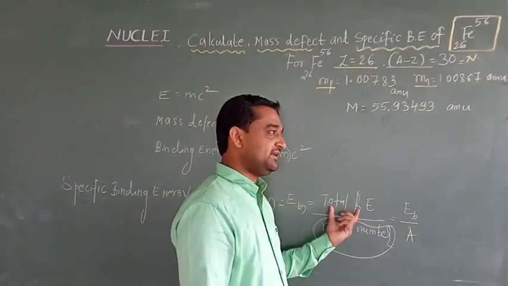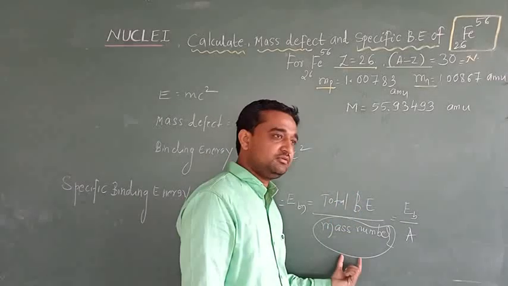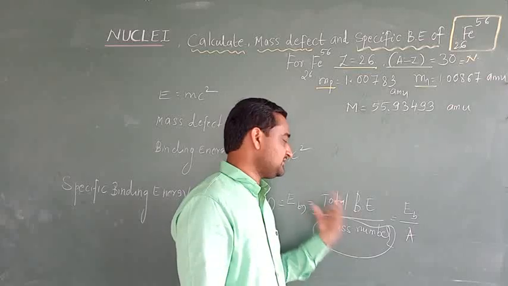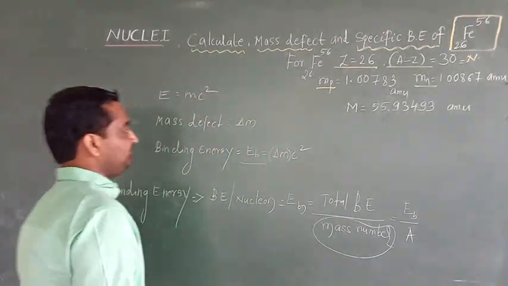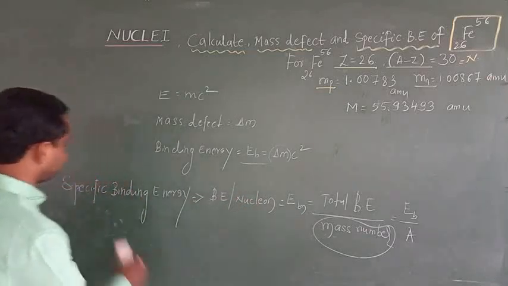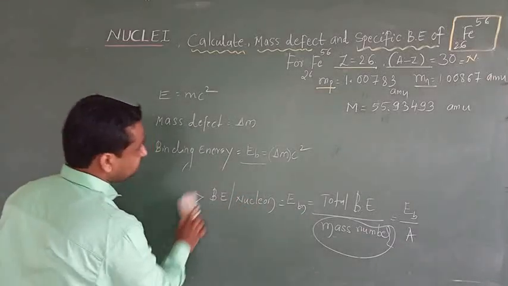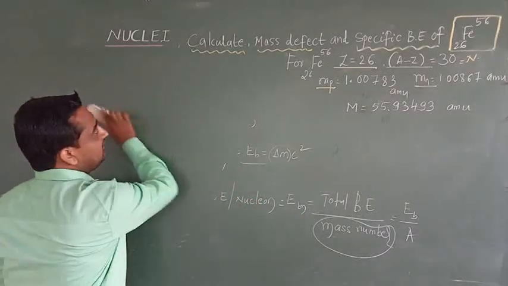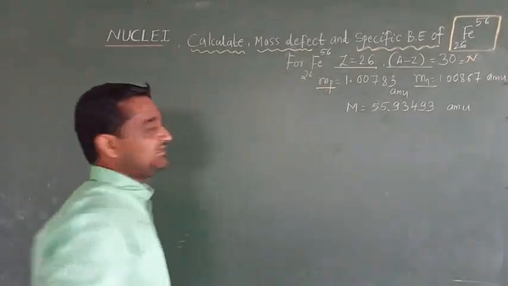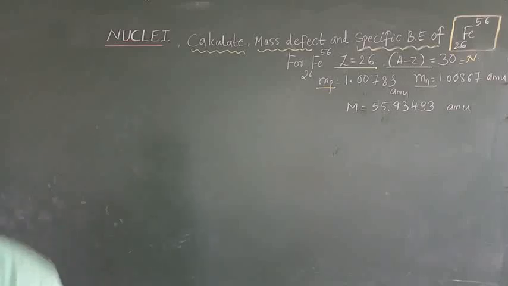Now, with this definition, let us calculate the mass defect, the binding energy and the specific binding energy of the iron nucleus.